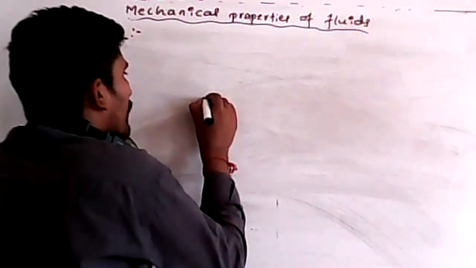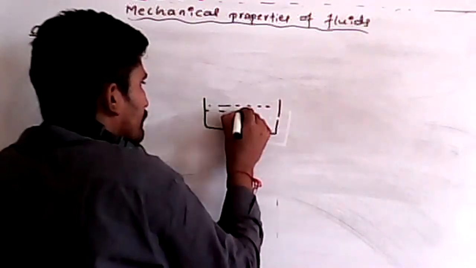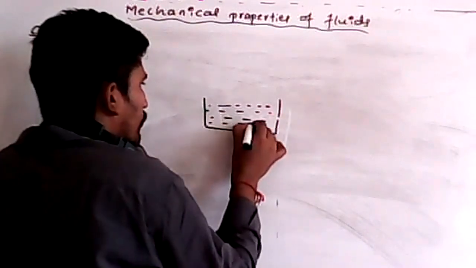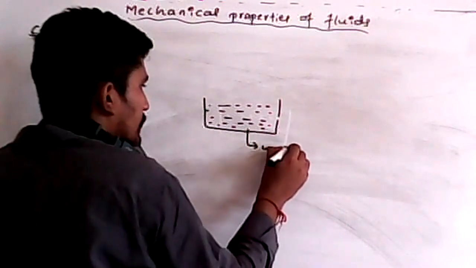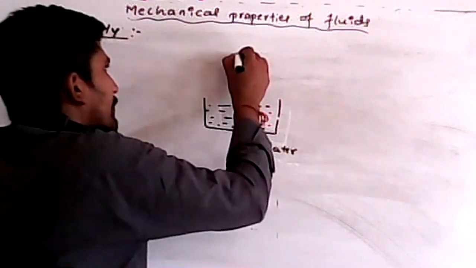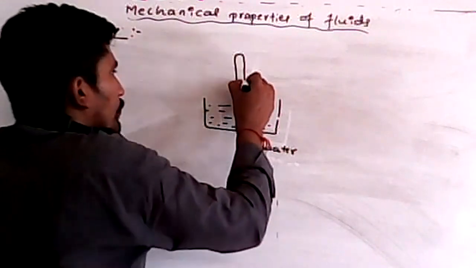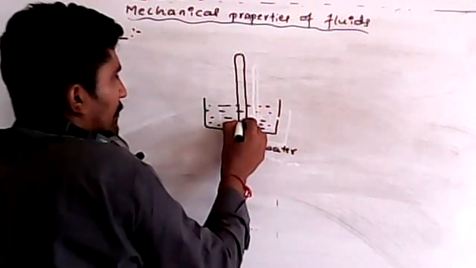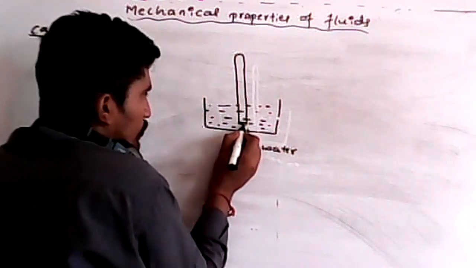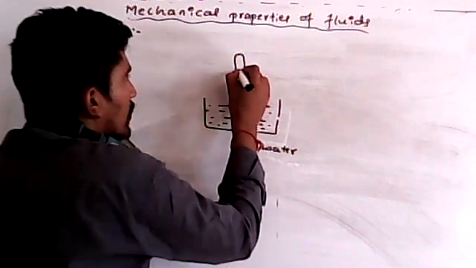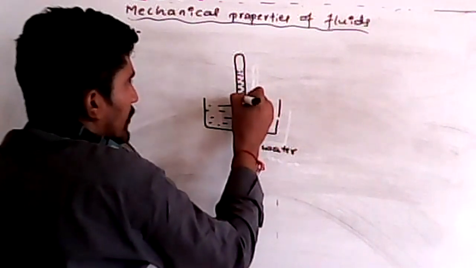For example, just take one container filled with ordinary water. Once I dip a capillary tube like this, due to surface tension the water rises up to a certain height in the capillary tube.